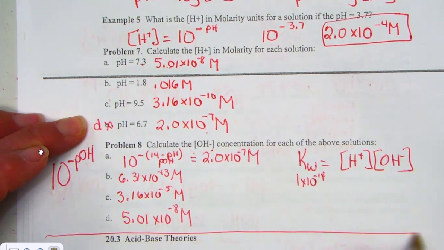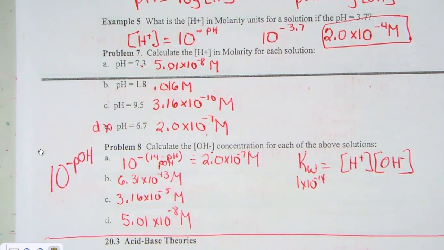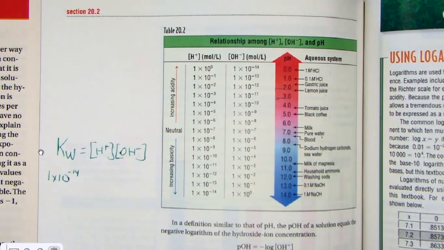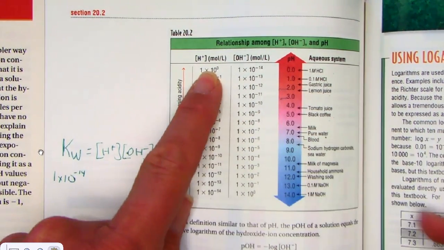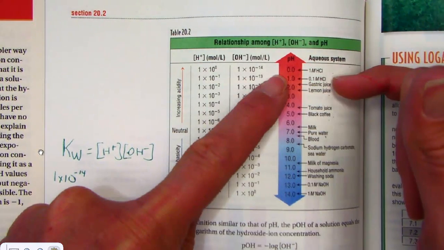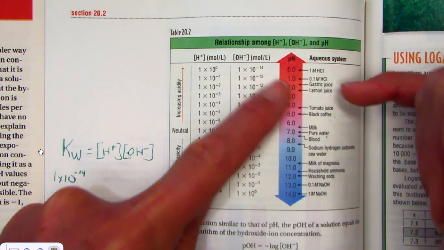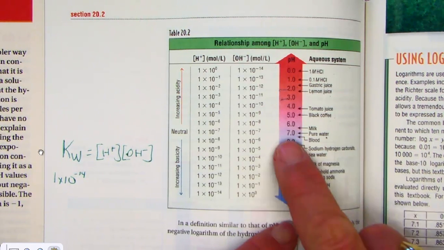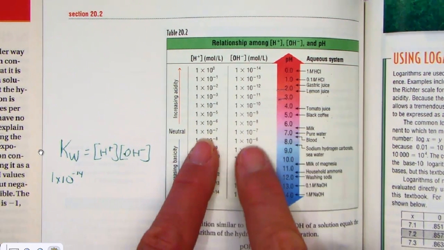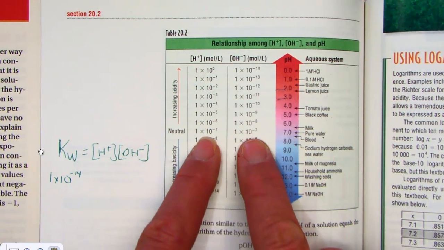Here's some things that we've learned today. The pH scale is a numbering system, all based on the power of tens. The power of 10 on hydrogen ion, the acid ion. The lower the number, the more acidic the solution. The higher the number, the more basic the solution, with 7.00 being exactly neutral.